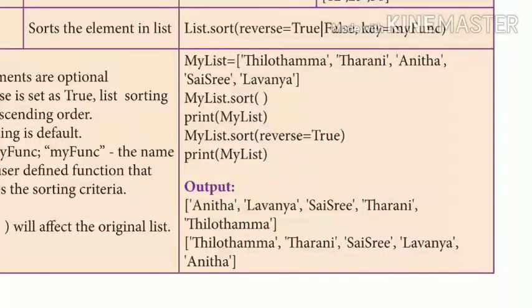A set of names has been given, and they used my list dot sort and printed the sorted elements. Now they are sorting again with reverse equal to true, and we can see that the values are printed in reverse order.